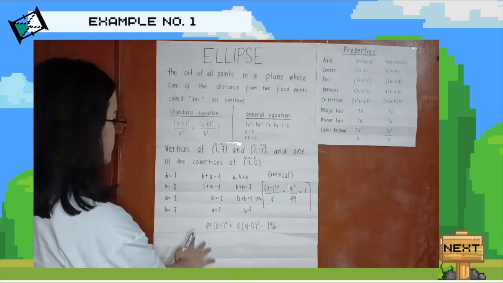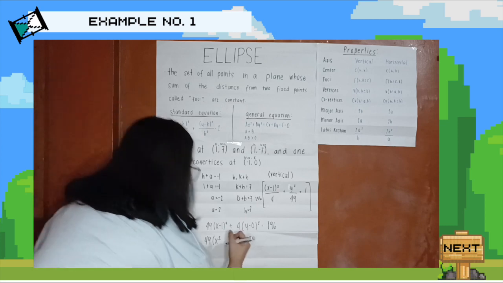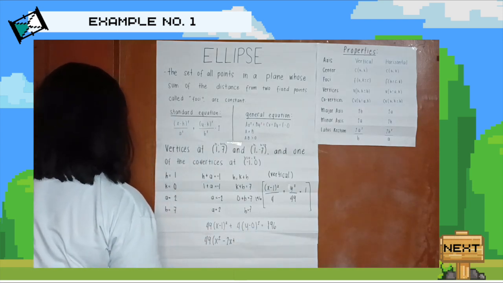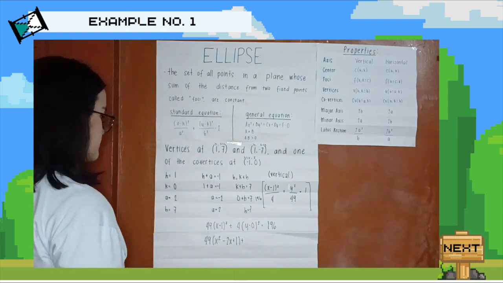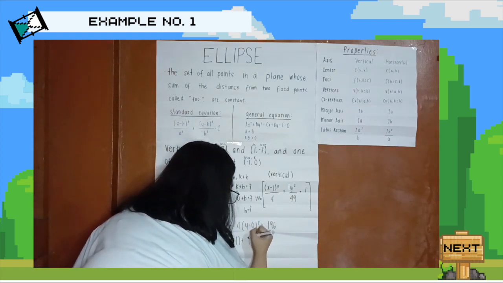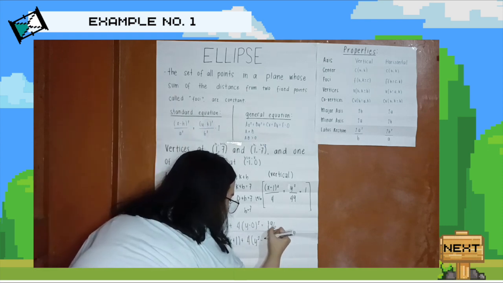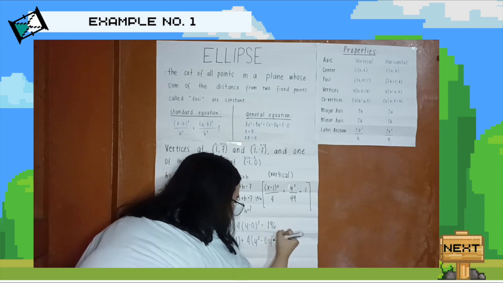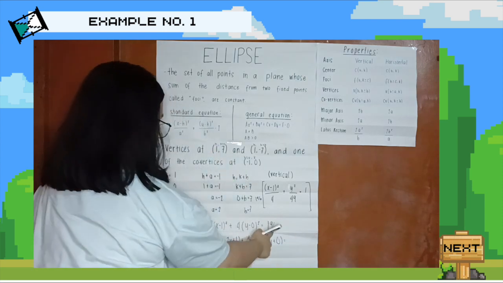After that, we need to expand this. x squared minus 2x plus 1, plus 4 times y squared minus 0y plus 0, is equal to 196.